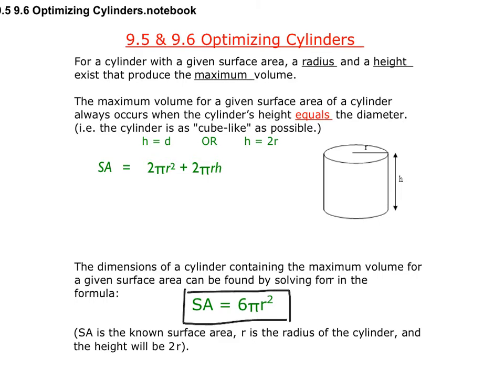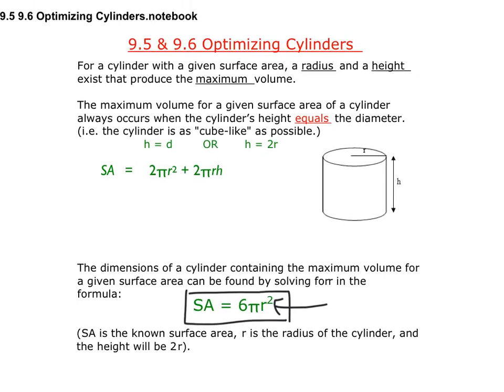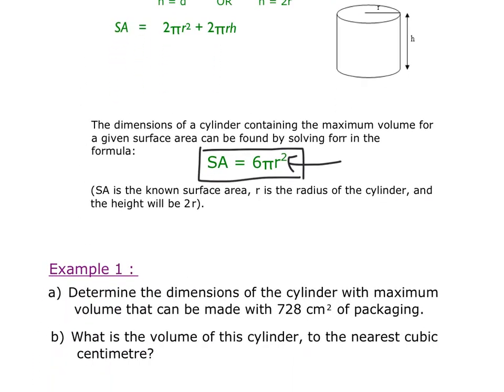You're going to be establishing the radius, but if they ask for the diameter, you would have to multiply by 2 in the end, when you find the r value. So SA is the known surface area, r is the radius of the cylinder, and the height will be 2r. Because if you find the diameter, you've also found the height of your cylinder.